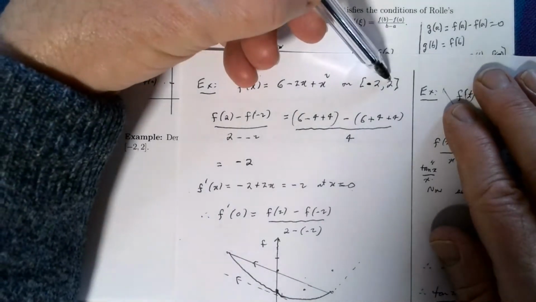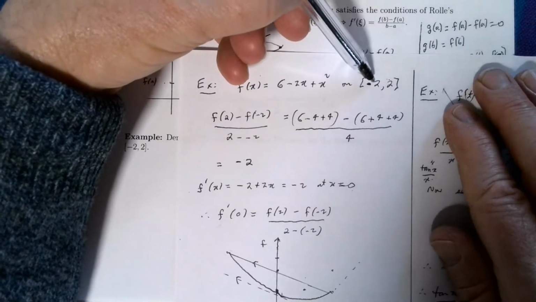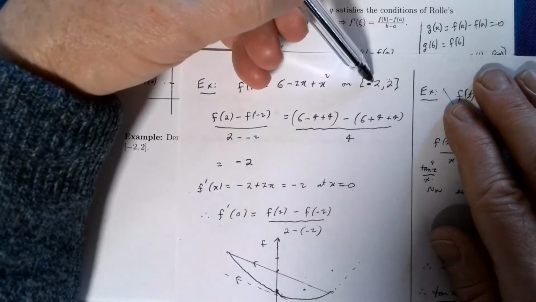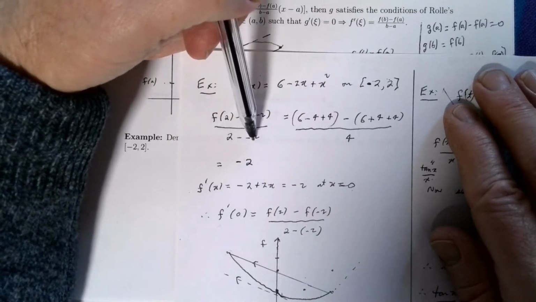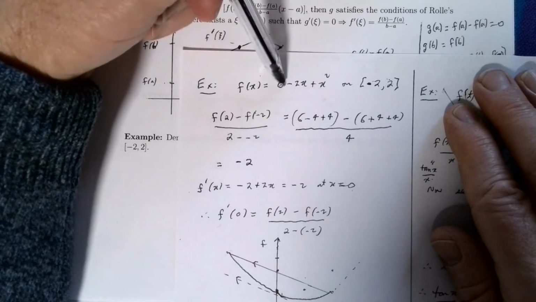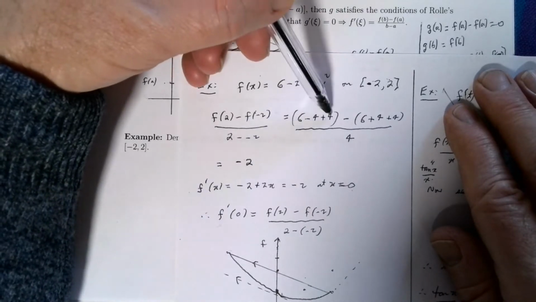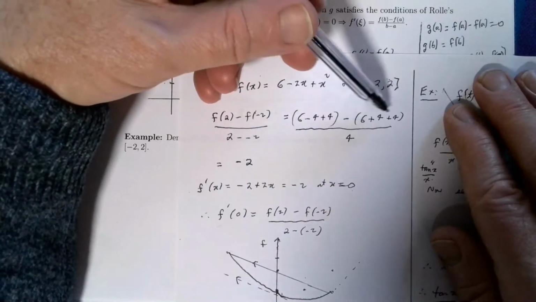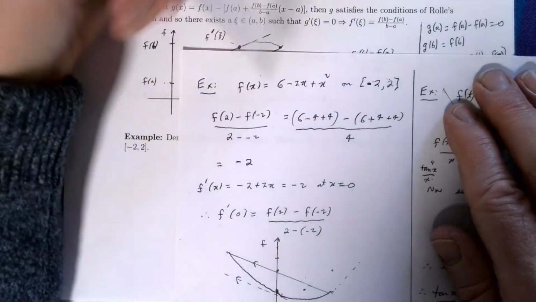So that's f of 2 minus f of minus 2 divided by 2 minus minus 2. Now I can simplify all that. When I plug in 2 into here, I get 2 plus 6 minus 4 plus 4. And then I put minus 2 in here, I get this. Simplify all this, out pops minus 2.